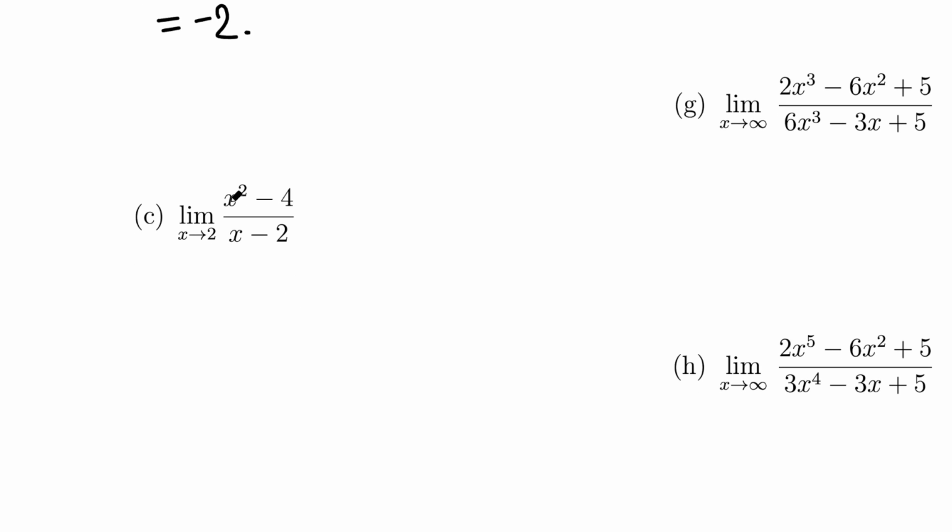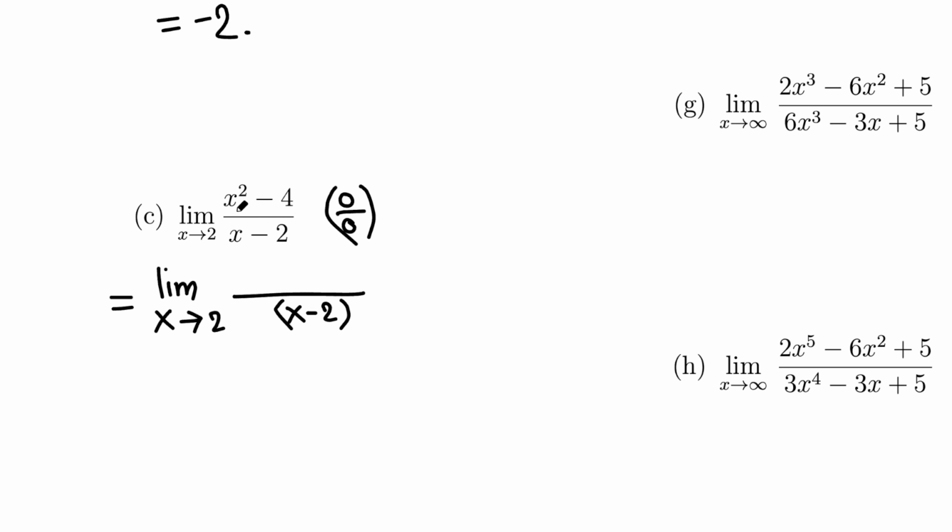Plug in 2. 2 squared is 4, minus 4, 0, over 2 minus 2, 0. Same story. Factor the top, factor the bottom. The bottom is already factored. x squared minus 4. We know when we have u squared minus v squared, it's the difference of two squares.